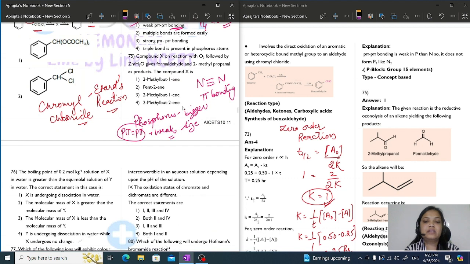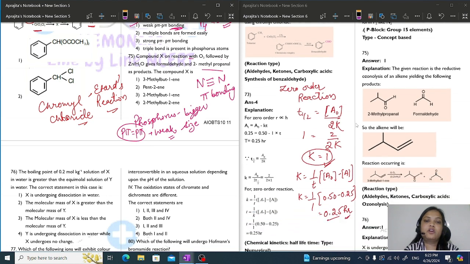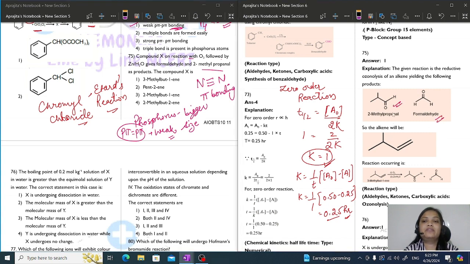Question number 75. Compound X on reaction with ozone followed by zinc and H2O gives formaldehyde and 2-methyl propanal. So the compound X is. Now first of all we need to see what are the products present in this case. So it's 2-methyl propanal and formaldehyde. So we need to find which alkene is there.